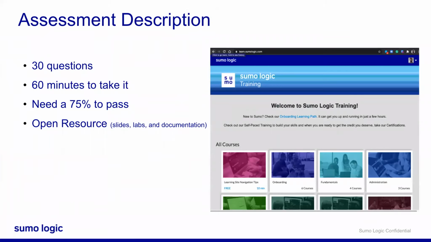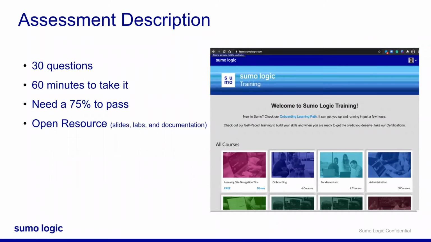You're going to want to take this exam as your private, personal, or corporate Sumo account. You don't want to take it as training user 423, because we don't want training 423 to get the credit. We want Bob and Jennifer to get credit for the exam. So please take it with your own personal corporate account, which everybody should have. If you don't, let us know, but you really should if you attend this class.